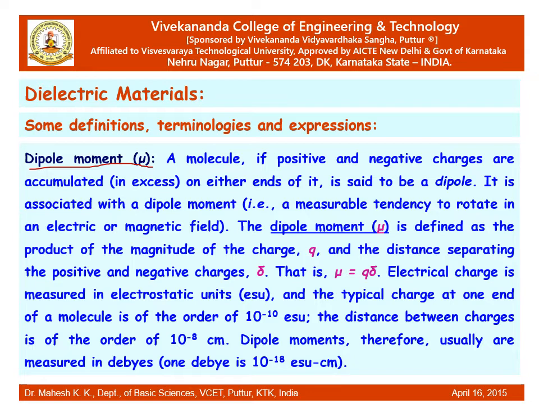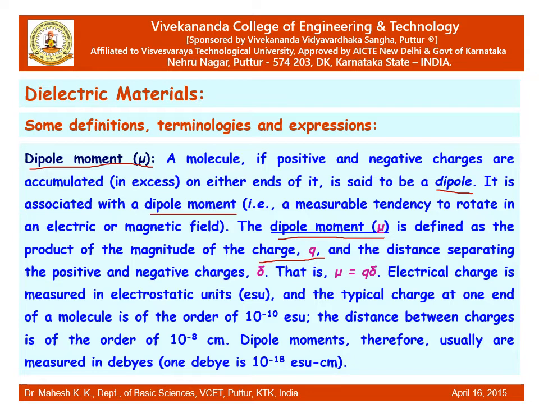That is the definition of a dipole. So every dipole is associated with a dipole moment, which can be represented as mu. The dipole moment is defined as the product of the magnitude of the charge, that is Q, and the distance separating the positive and negative charges, that is delta.